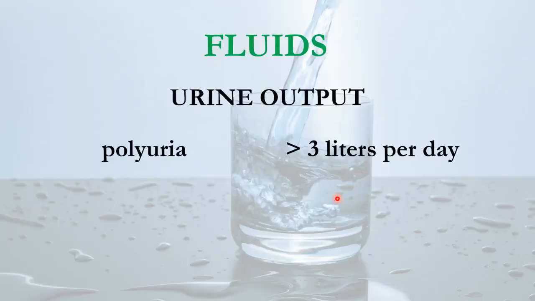So, we mentioned capillary refill time may indicate perfusion. So, urine output also can indicate perfusion. Less urine output, less perfusion, primarily in the kidneys. Okay? So we have poly, okay? We don't say hyperuria here.